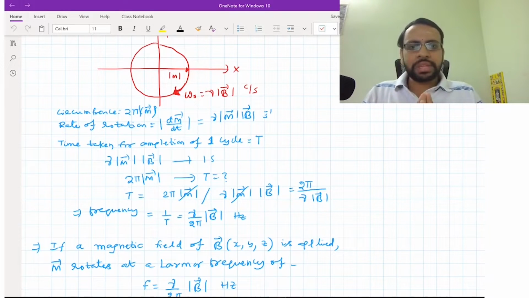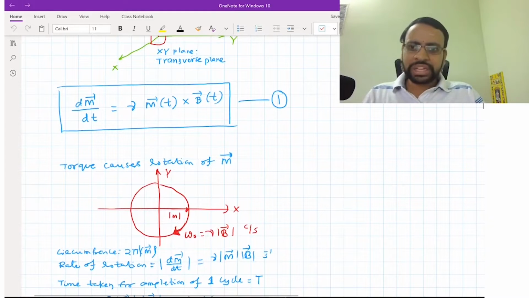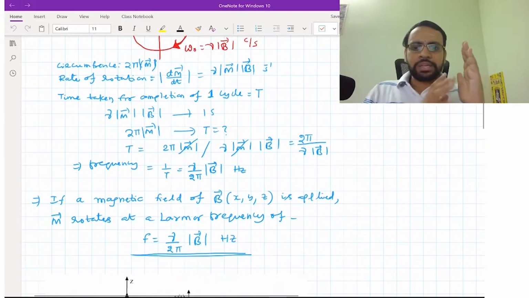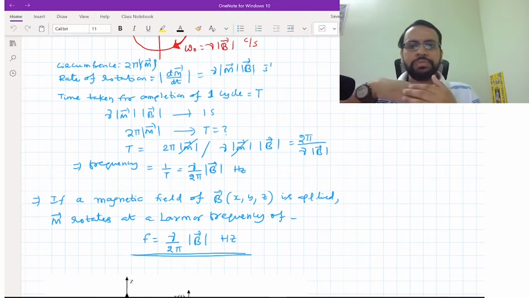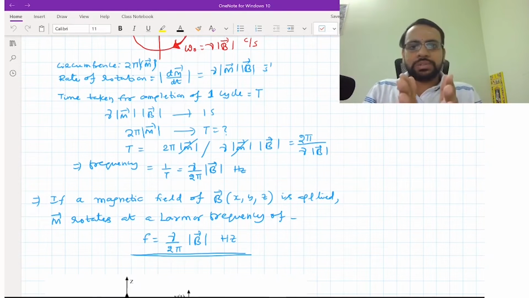This equation is not something we have come across here for the first time. It's the same frequency as when you compute how a dipole would be moving around its axis. The summary is, if you are applying a magnetic field, this is what we referred to as Larmor frequency in our previous classes while doing analysis using quantum physics for a single magnetic dipole.